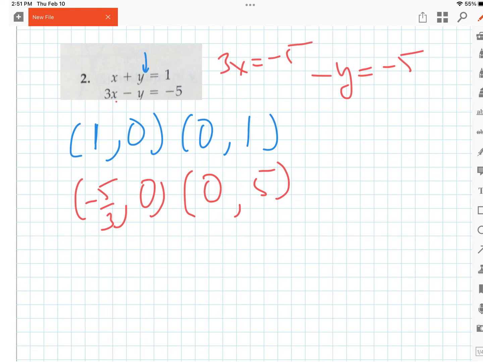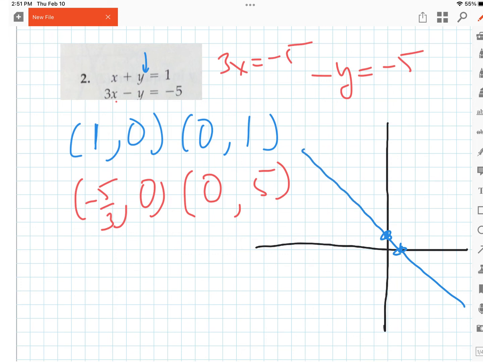Then to graph it to get the solution here, let me get an xy axis going here. We already know the answer because I just did this by the mx plus b form. So this blue graph crosses at here and at here. So there's that line here.